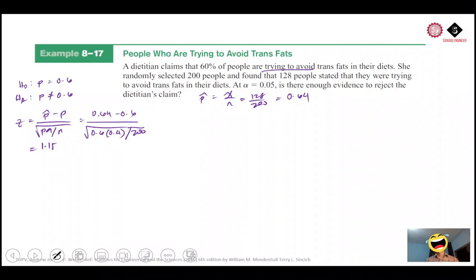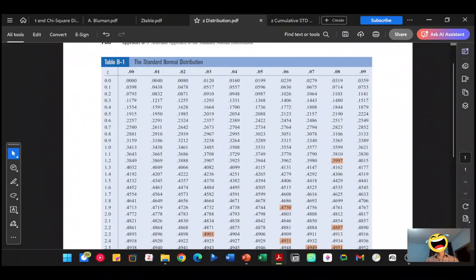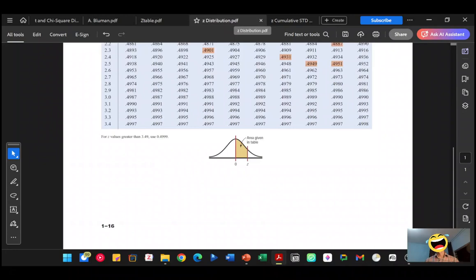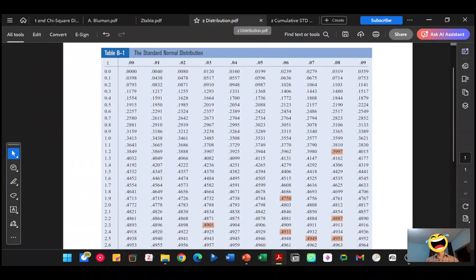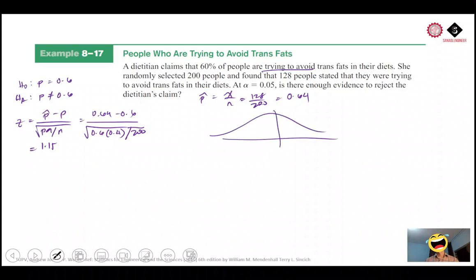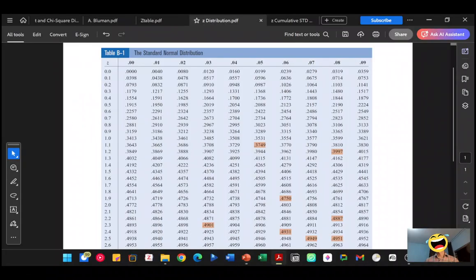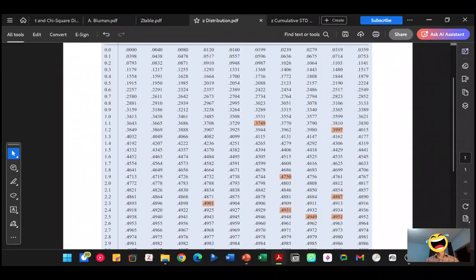Using the traditional method only, for 1.15 the table gives 0.3749. For the critical value, we look for 0.45, which corresponds to 1.64.